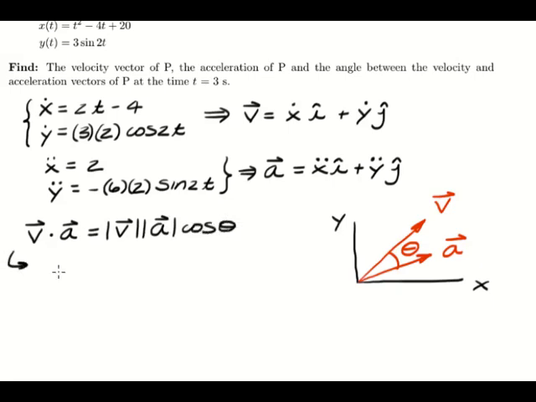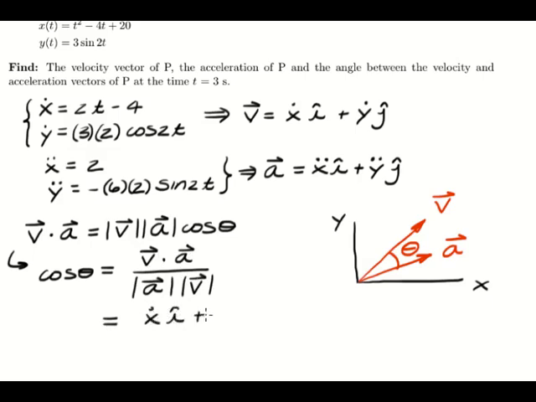So using this, we can get that the cosine of that angle that we're trying to find is the dot product of v and a divided by the magnitude of each one. So v again is x dot i plus y dot j.